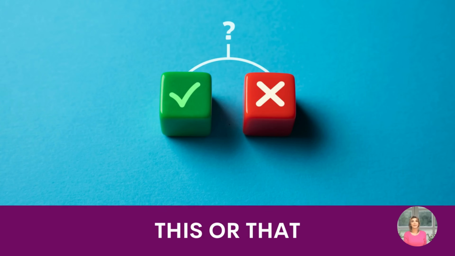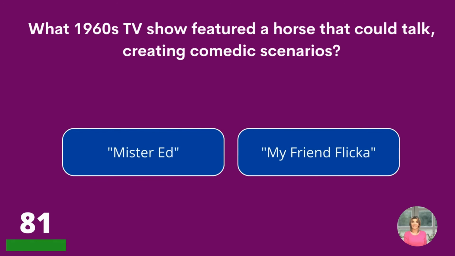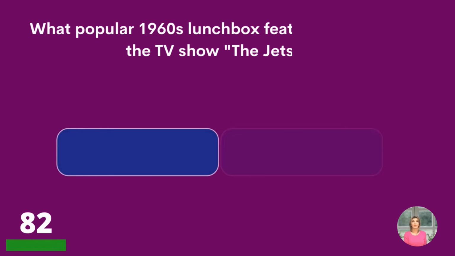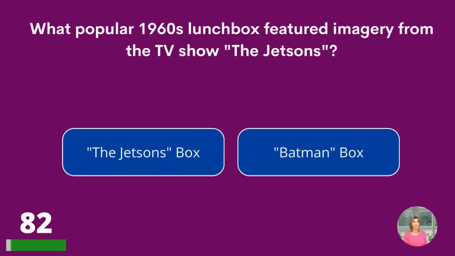This or that. For question 81, what 60s TV show featured a horse that could talk, creating comedic scenarios? Mr. Ed or My Friend Flicka? Mr. Ed. What popular 60s lunchbox featured imagery from the TV show The Jetsons?